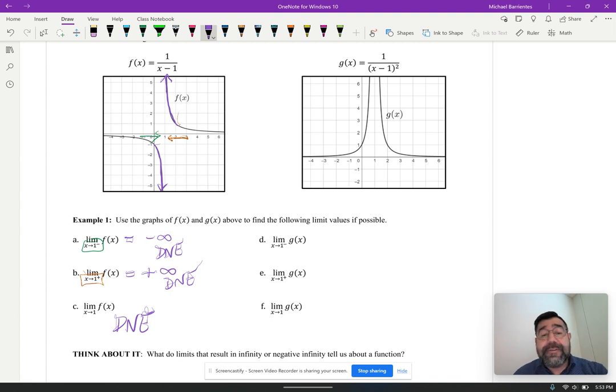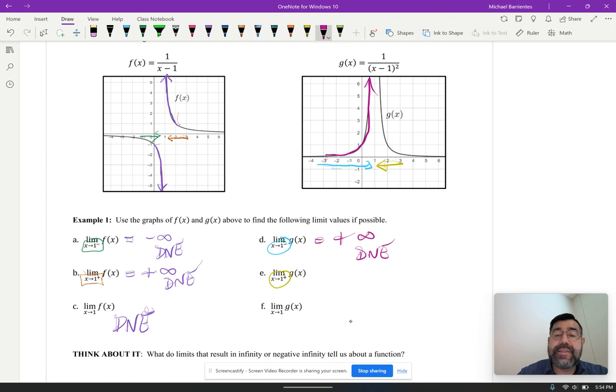When I look at the second graph, now we're looking as x approaches 1 from the left side. What is the function doing? Well, the function's going up, up, up. So we could say that this is positive infinity, which in reality means the limit doesn't exist. When I look at the other side, as x approaches 1 from the right side, this is also unbounded as it gets bigger and bigger.